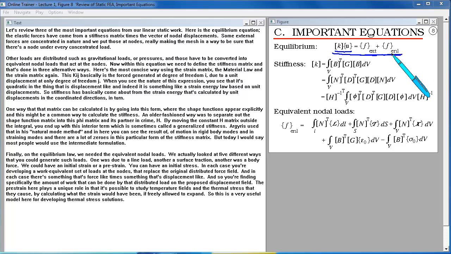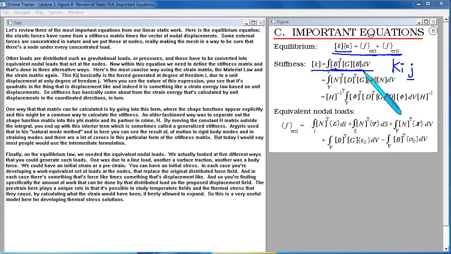Now, within this equation, we need to define the stiffness matrix, and that's done in 3 alternative ways. Here's the most concise way, using the strain matrix, the material law, and the strain matrix again. This Kij basically is the force generated at degree of freedom i due to a unit displacement at only degree of freedom j.